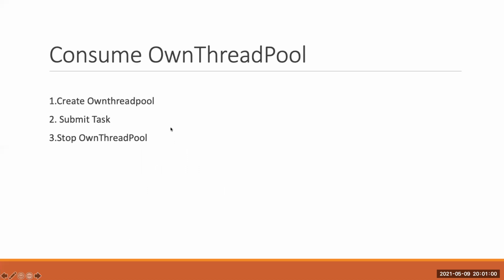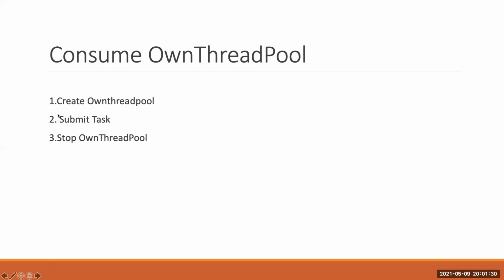So now we have seen how to create our own thread pool object, and what the worker thread is. Now we will see how to consume our thread pool object, how to submit the task, and how to stop it. We have three methods in our own thread pool class to support all those things, so we'll see how to test.